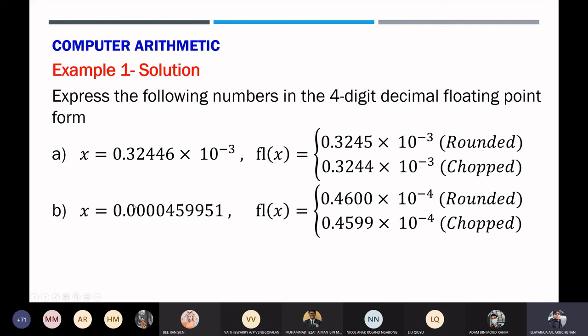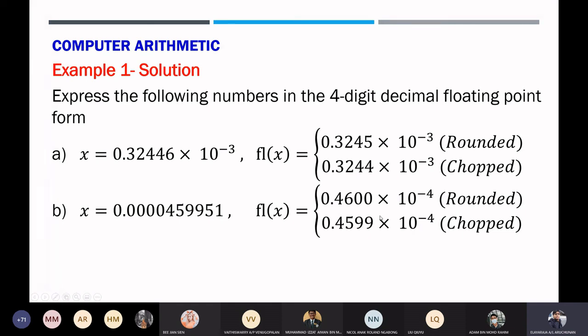You can see that it is in the form of mantissa. Remember, guys, it has to be written in that n-digit floating point form. It will be read as 0.4666 if it is rounded up, and if it is chopped, it will read as 0.4599. So you can see the differences.